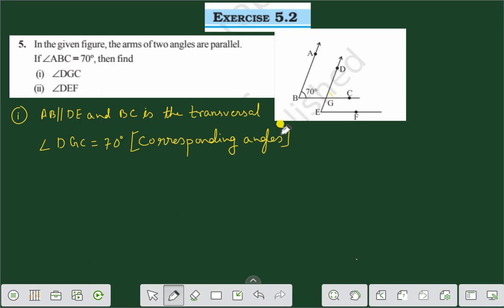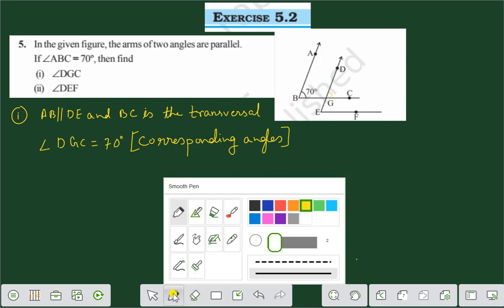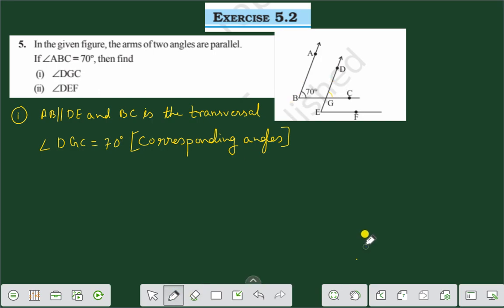Right? Here again you see that AB and DE are parallel and BC is the transversal. Therefore this angle and this angle will be the same because they are corresponding angles. Therefore, we can say that DGC is equal to 70 degrees. Right? Now, question number 2.